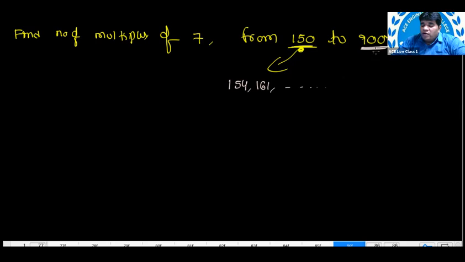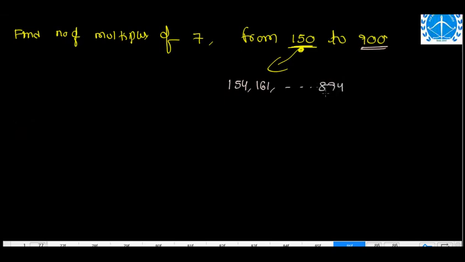No. So before 900, what is the nearest? 7 nines are 63. 7 eights are 56. Already 4 is extra there, so 3 added. 4 extra means 890.